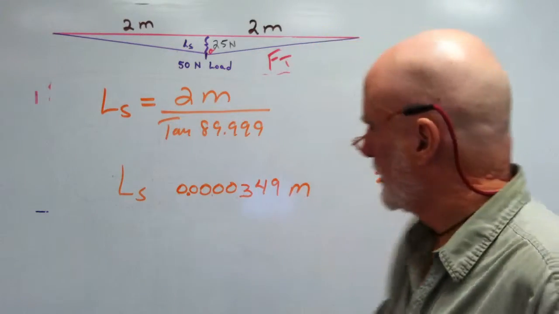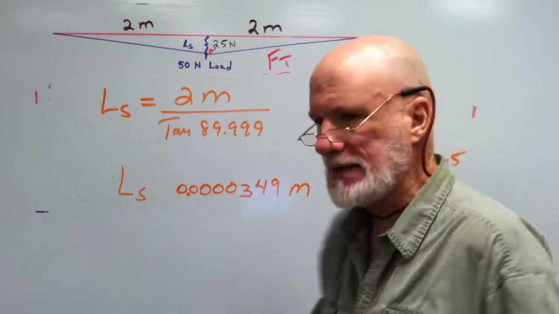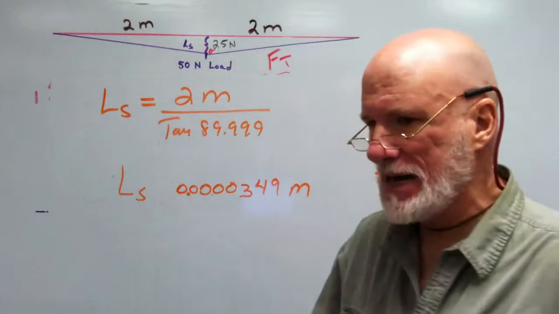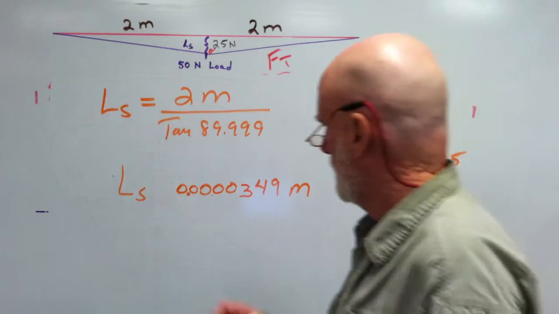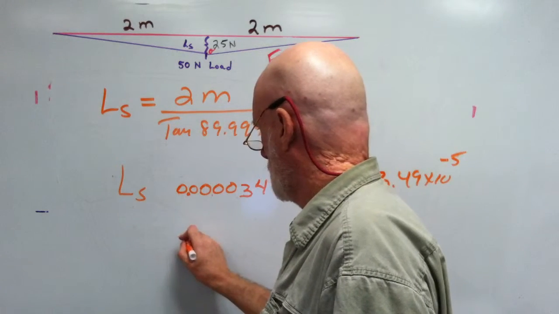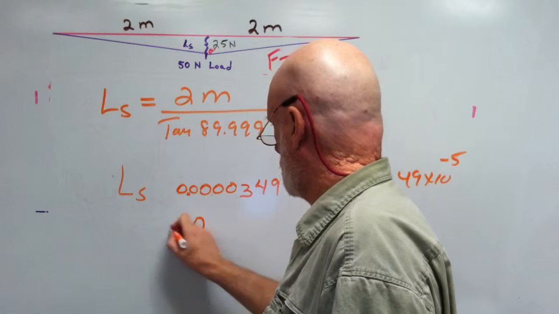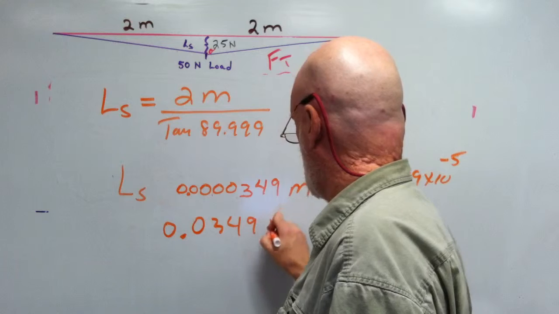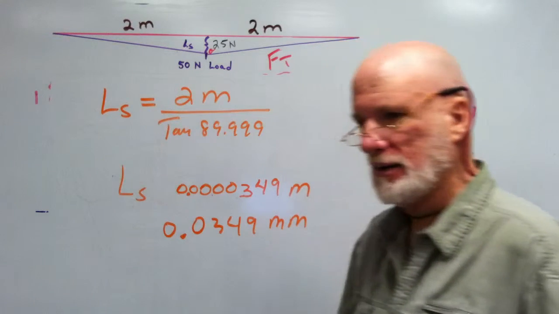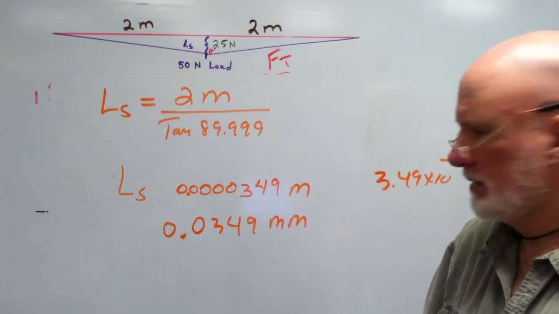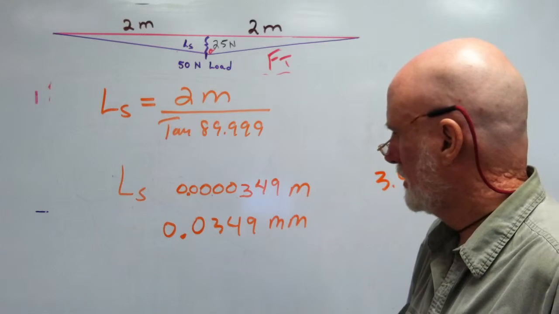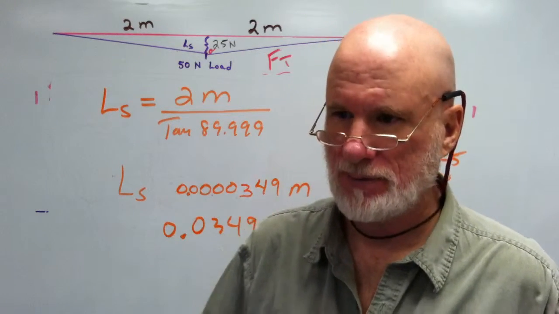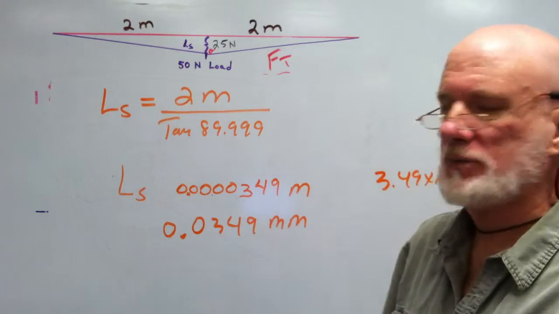That's meters. Divide that number by 1,000. What do you get? I got 3.49 times 10 to the negative 8. No, no, I'm sorry, my apologies.